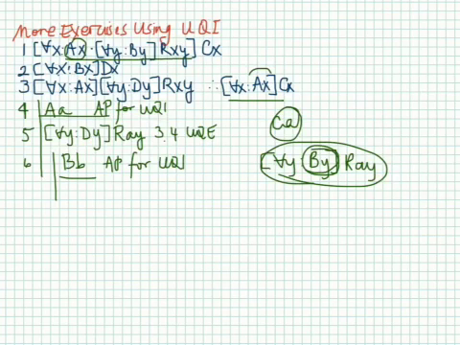Now BB and 2 together will imply DB. And now if you look at 5 and 7, you'll notice that RAB follows from these. 5 and 7, universal quantifier elimination.